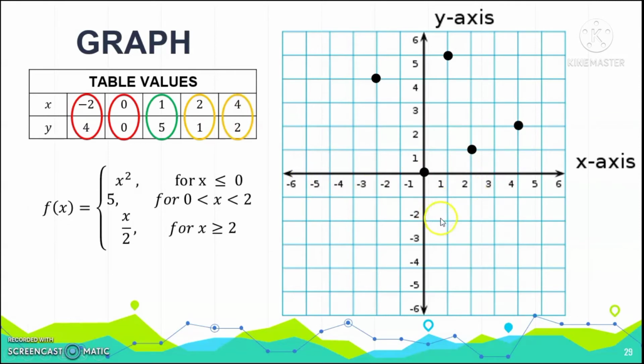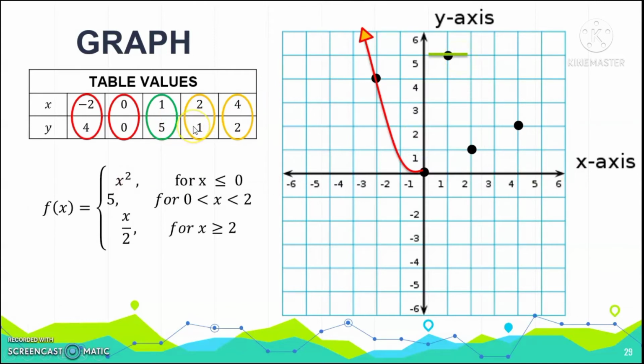Okay. Now let's graph. Let's connect the dots. We have here 0, 0 and negative 2, 4, we have here a curve because it belongs to the function x squared. And then for the constant function, we have here.